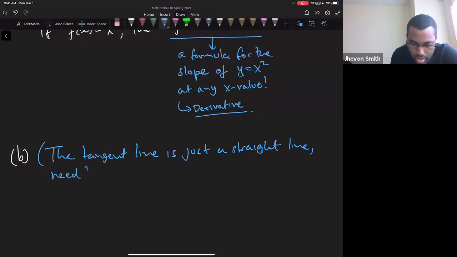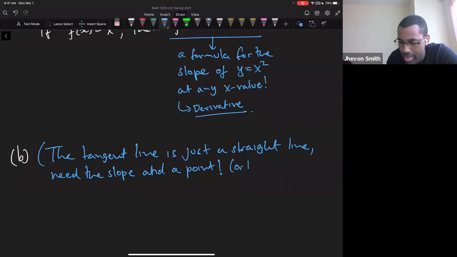I need the slope and a point. Or you can do 2 points, but it doesn't apply here, because I don't have 2 points.